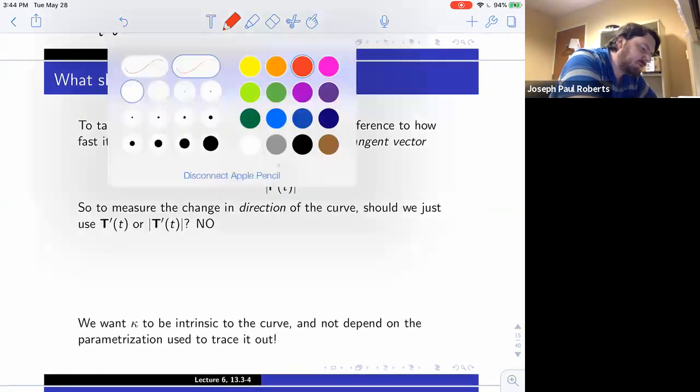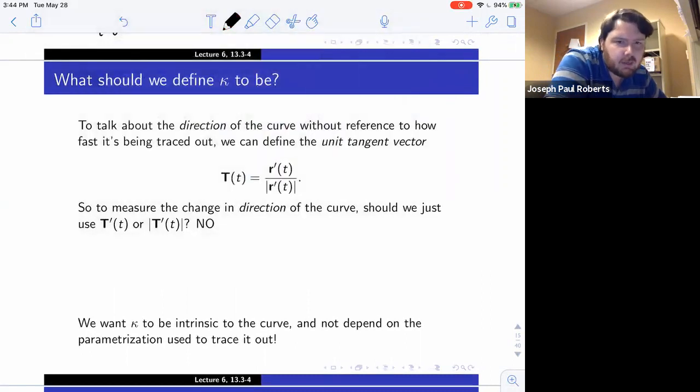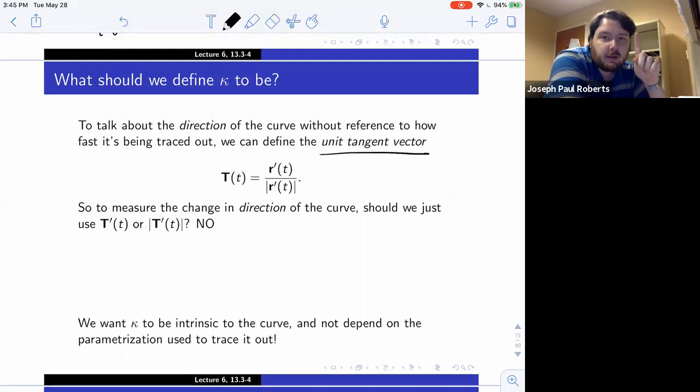I didn't talk about it yesterday because it wasn't so important, but we can call this unit tangent vector just the tangent vector made into a unit vector. How do you make a unit vector? You divide by the length of that vector. So if I want to change r prime into length 1, I take r prime over the length of r prime. And that's what we'll call capital bold T of t, the unit tangent vector.